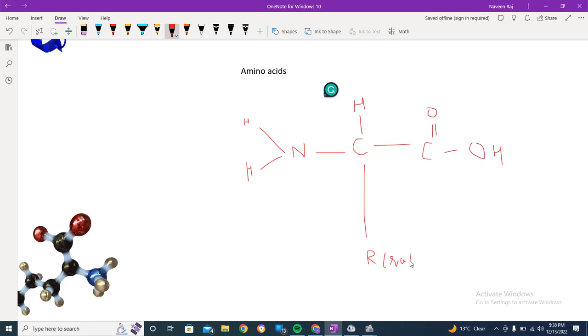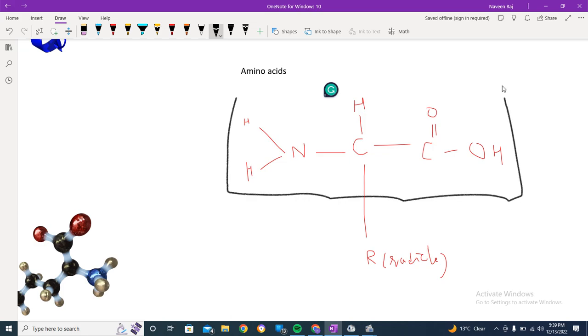Now the whole of this is the structure of what we call an amino acid, and this is quite simple. This is a very important structure. Now I would like to add a point: this part till this one is the same in all amino acids. The only difference is in this R. The radical group is different.